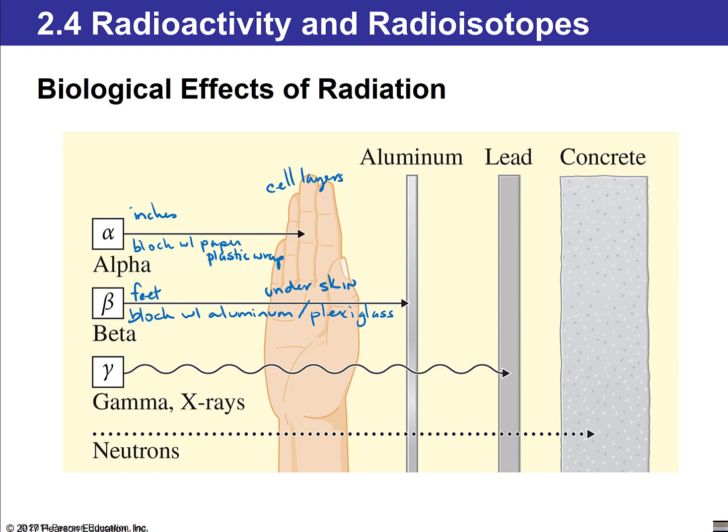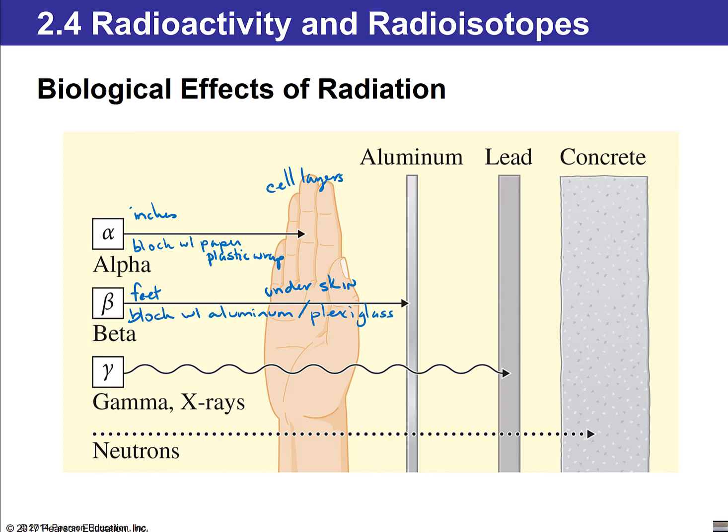Plexiglass is like what they use at the hockey rink, that's the glass. It's usually about half an inch thick. That's thick enough to block that energy from passing. So you would typically keep a shield like that between you and the sample you're working with.